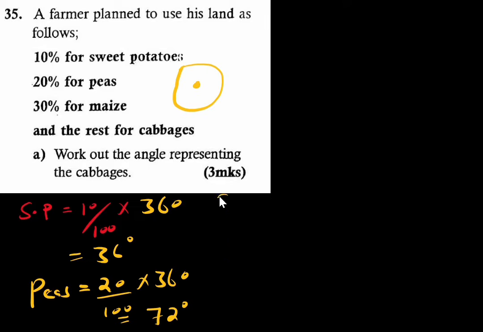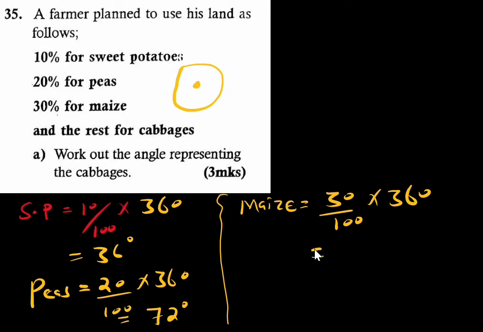You can continue. Here we have maize, M for maize, but I can write in full. Maize will be 30%, 30 over 100 multiplied by 360. So we multiply 30 over 100 multiplied by 360. We find that the answer is 108 degrees. So for cabbage, the rest is cabbage. So what do we get for cabbage? This means that if you add 36 degrees plus 72 degrees plus 108 plus that of cabbage, it is equal to 360.